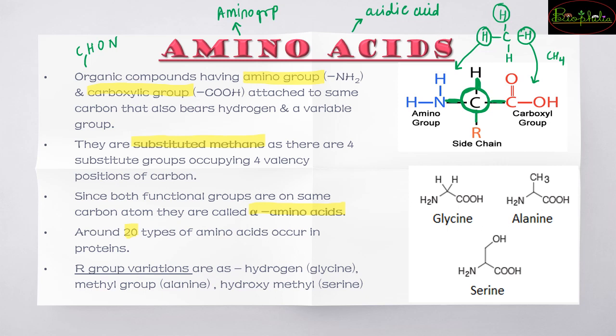For example, in the variable side chain group, if you remove the hydrogen and add a methyl group, that will give you alanine. If you keep the hydrogen, it becomes glycine. Instead of a methyl group, if you add a hydroxymethyl group, it becomes serine. So likewise, once you change the R group, the variations will form different types of amino acids.